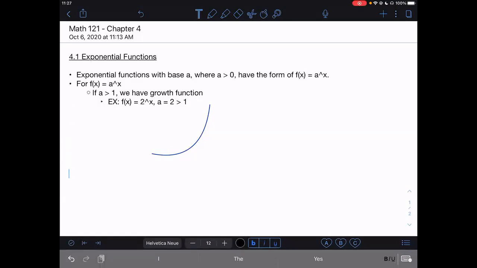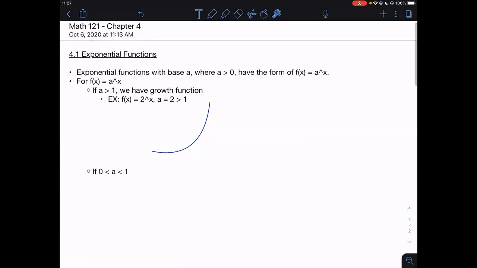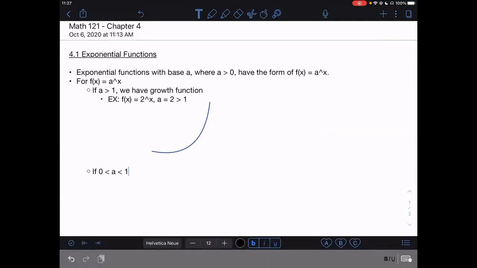But we're going to have a decay function, a decreasing function, if our base a here is still positive, but falls between 0 and 1. So if we get a proportion, a decimal number as our base between 0 and 1, then in that case, we have what's known as a decay function.